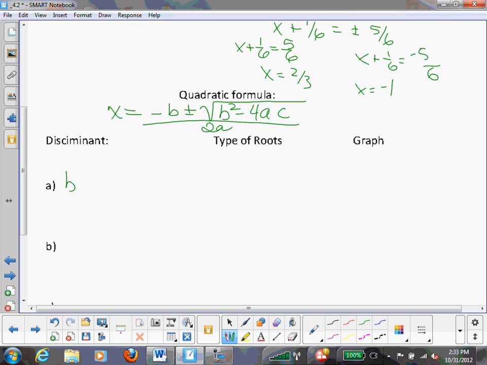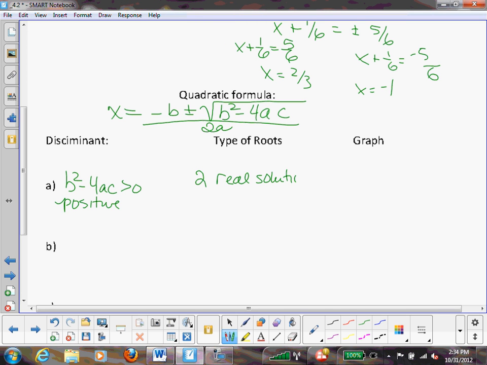If b squared minus 4ac is greater than 0, what do I mean by saying greater than 0? It means it's positive. Then I have two real solutions. I'm going to have 3 plus and minus 6, for example, if 36 is under my radical.